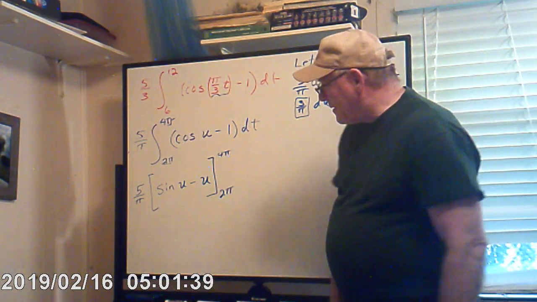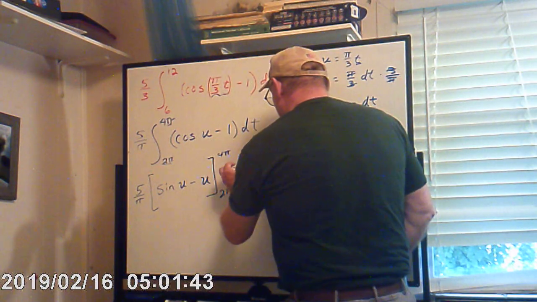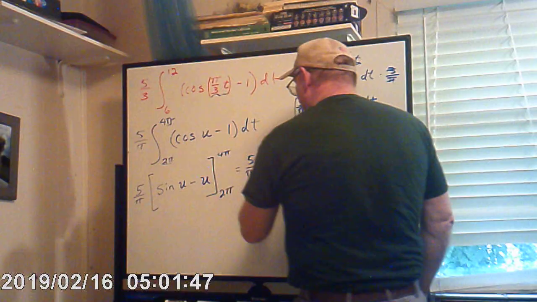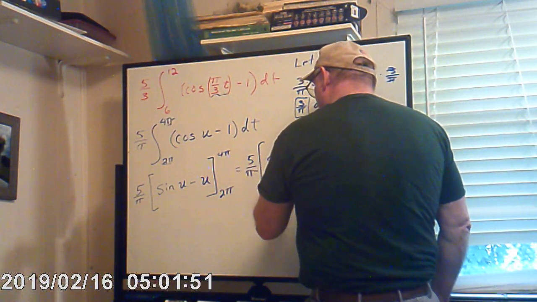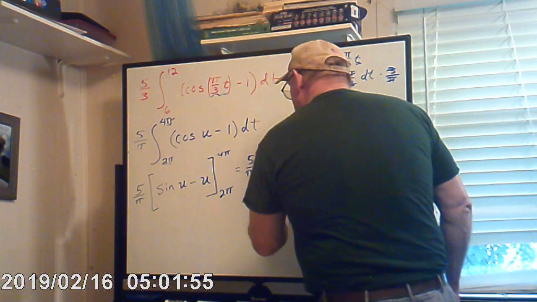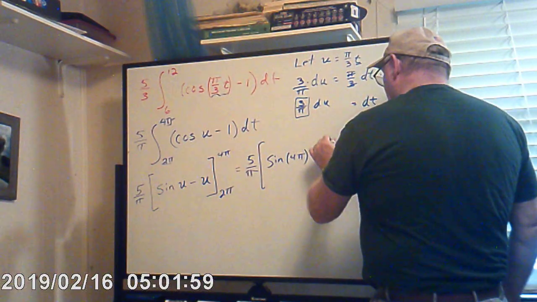Do that. Now, let's evaluate now. That's equal to 5 over pi. We're getting close to the end now. Sine of 4 pi minus 4 pi. Got to watch your signs doing this.